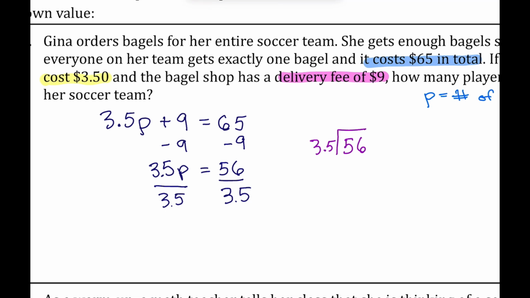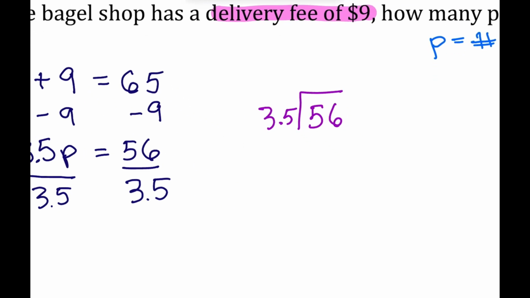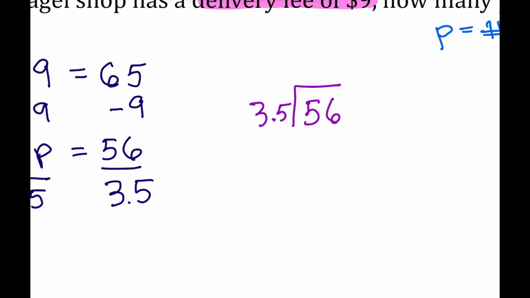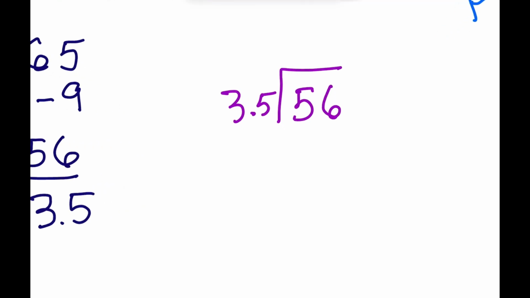So a technique that we have here is we can move the decimal so that we're no longer dividing by a decimal. So what this means is if we look at 3.5 here, if I want that to no longer be a decimal, I would need to move the decimal one place to the right. We're allowed to do this so long as we move the decimal in both numbers.